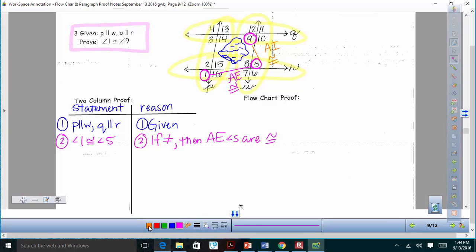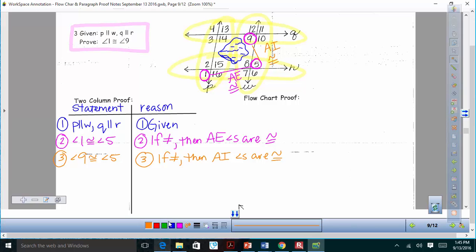Okay? Then we would tell the other angles. What do I know about angle 9 and angle 5, Matthew? The alternate interior. Yes, which means they're what? Congruent. They're congruent. So I would write angle 9 is congruent to angle 5. And that's because if 2 parallel lines are cut by a transversal, then alternate interior angles are congruent.